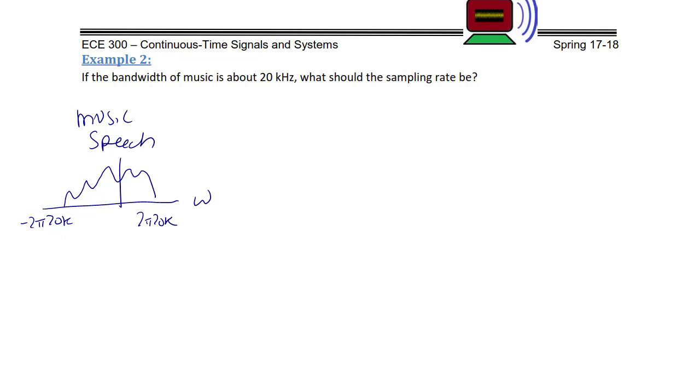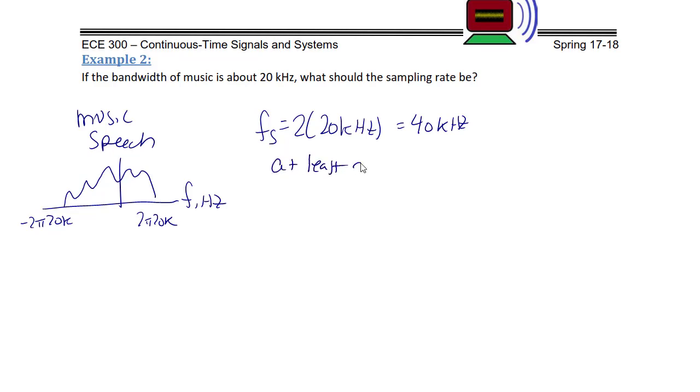So omega should be an F. Then the sampling rate, Fs, should be equal to 2 times 20 kilohertz or 40 kilohertz. It must be at least greater than this value.